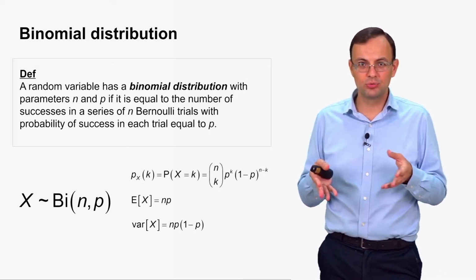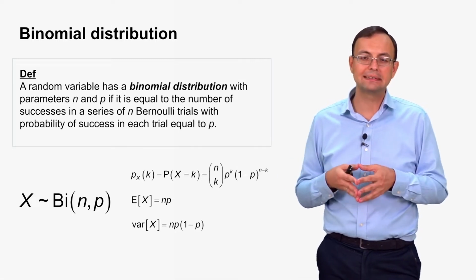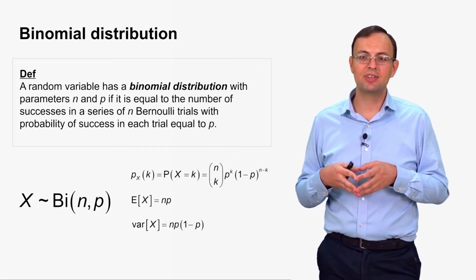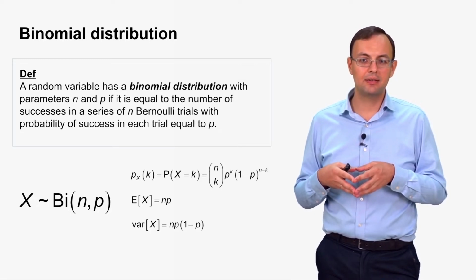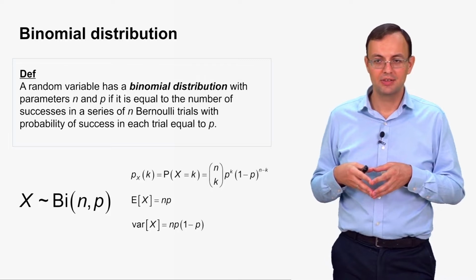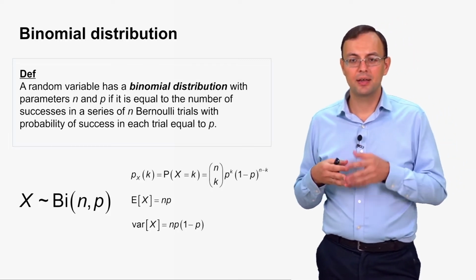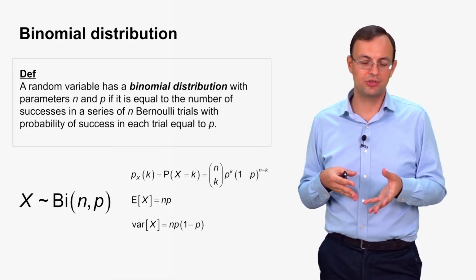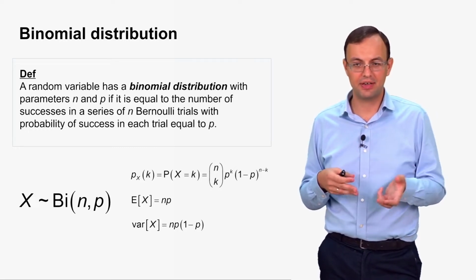So this is the Bernoulli formula. You already know this formula. And formulas for the expected value and the variance are np and n times p times 1 minus p. So these formulas can be found just using definitions of the expected value and the variance.